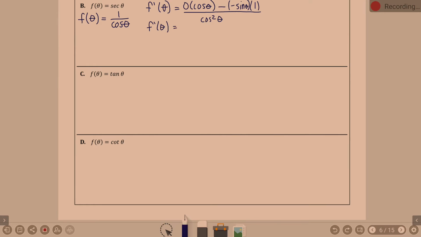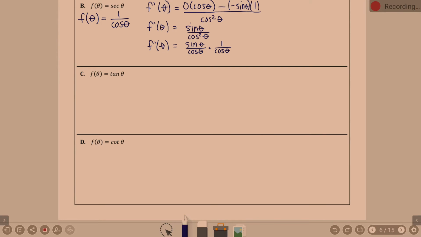The numerator cleans up to be sine theta over cosine squared theta. If you break this up, so it's in a form other than sine over cosine squared, you probably see where this is going: there is a sine over cosine, and then an extra cosine on the bottom.